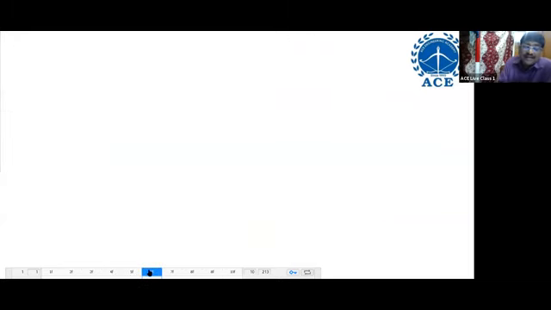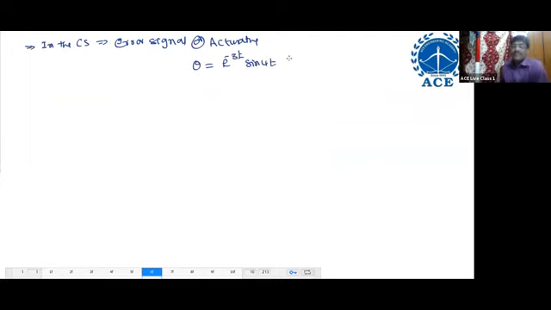Sometimes what happens, they mention in the feedback control system that the error signal, or actuating signal, is something like e power minus 3t sine 4t, or 1 minus e power minus 3t sine of 4t plus theta.